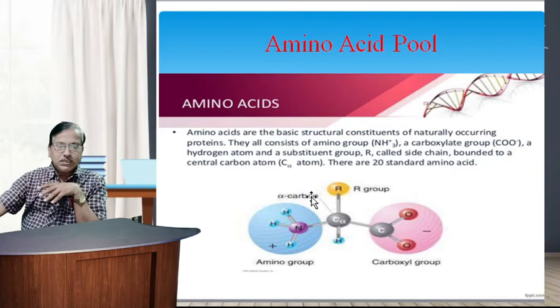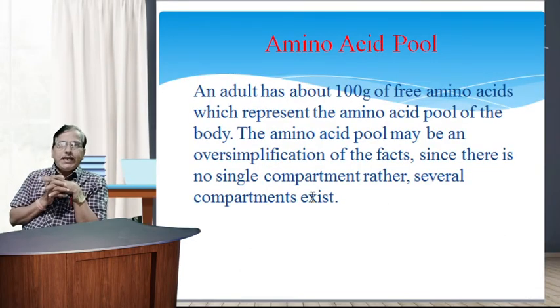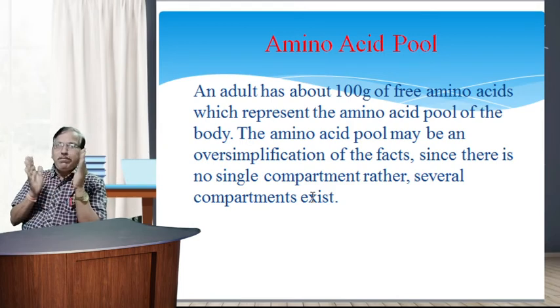In the amino acid pool, an adult has about 100 gram of free amino acids, which represent the amino acid pool of the body. The amino acid pool may be an oversimplification of the facts, since there is no single compartment, rather several compartments exist.